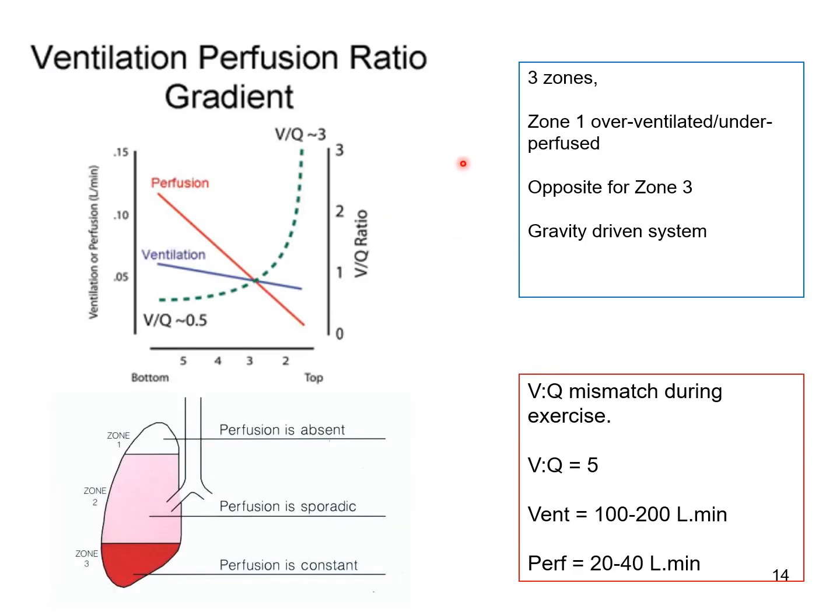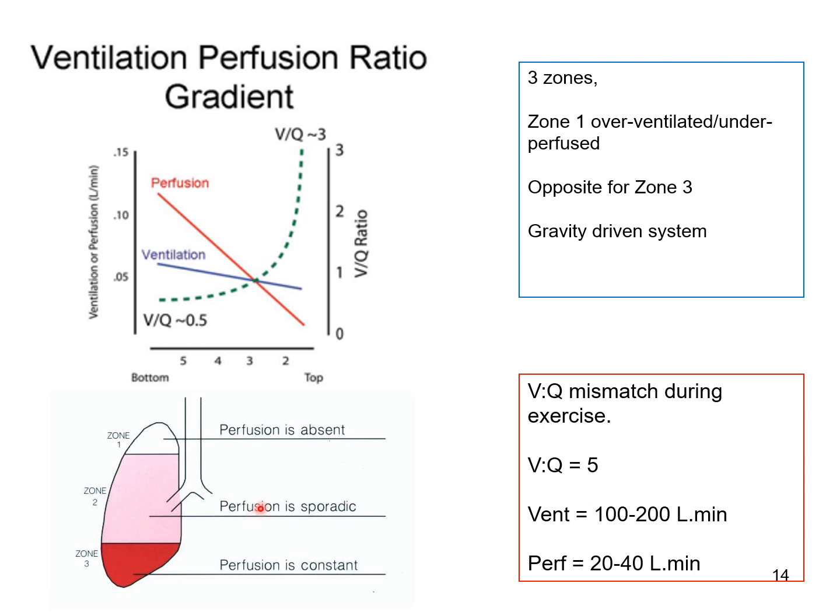Okay, so in an upright lung, the ventilation perfusion ratio progressively decreases from the apex to the base, so from the top to the base. So the middle and the lower zones are better perfused with blood. So we can essentially split the lung into 3 sections or 3 zones. We've got zone 1, zone 2 and zone 3. So in zone 1, perfusion, so blood flow is relatively absent.